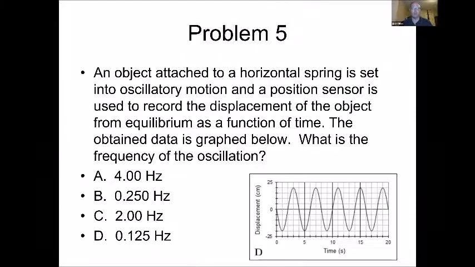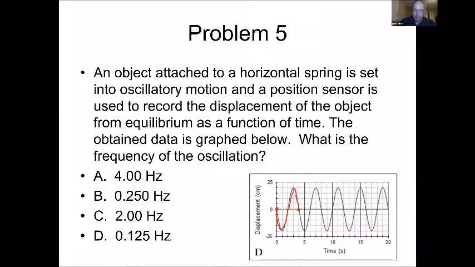So this question is asking us about frequency. Remember, frequency measures the number of cycles, or in this case, oscillations per second. Well, let's first of all figure out how long it takes for one oscillation, one complete cycle. And you could start it anywhere on the graph. I'm just going to start right here. So our object goes down, and then it comes back up, continues up, and then it gets right here.